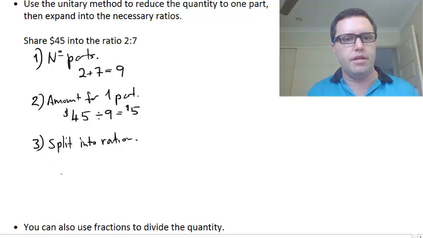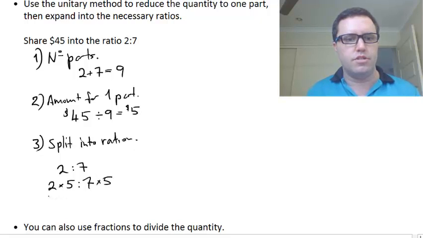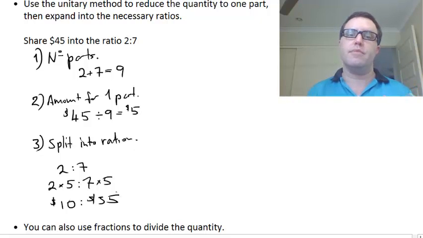So if we had 2:7, that means we've got 2 times $5 is to 7 times $5, which is $10 is to $35. And there we go, we split our $45 up into our ratio of 2:7.